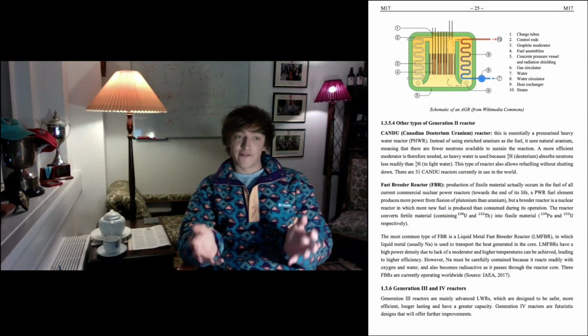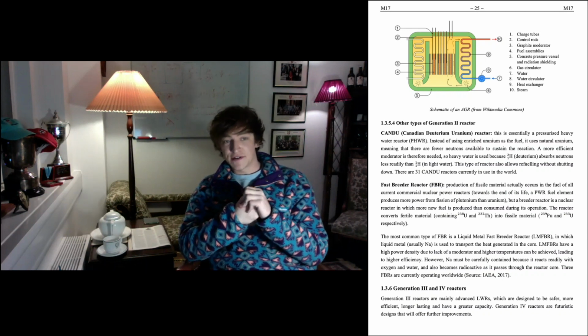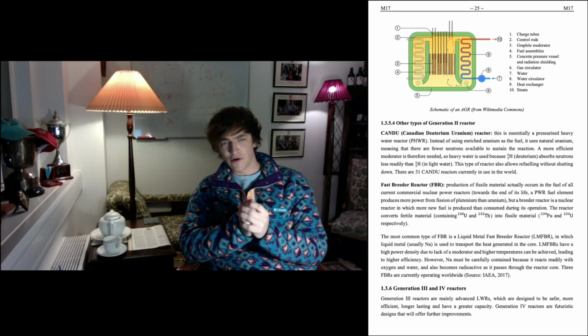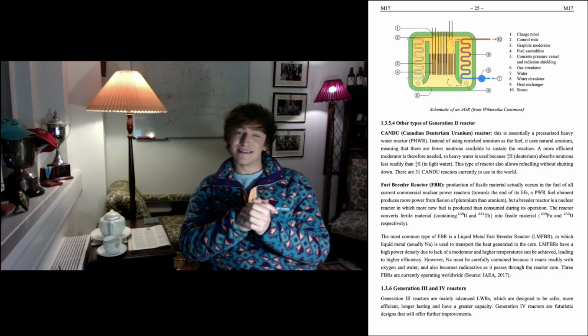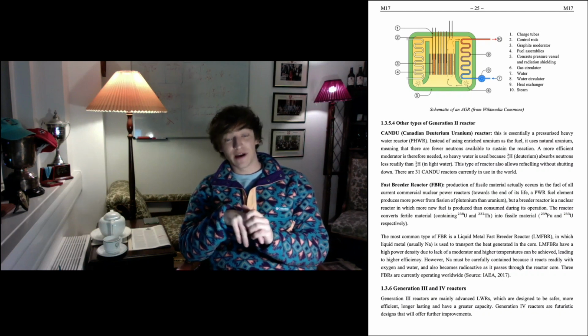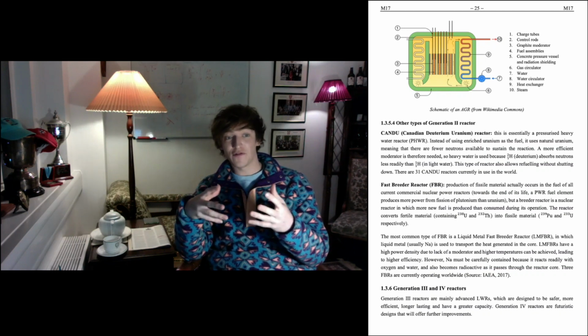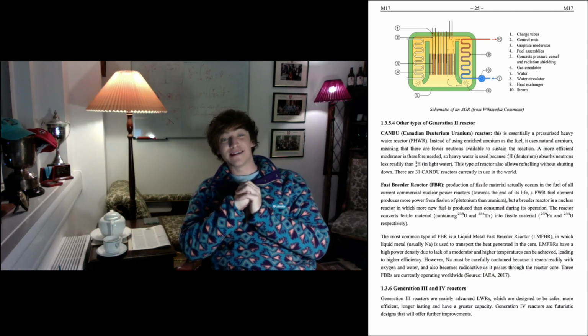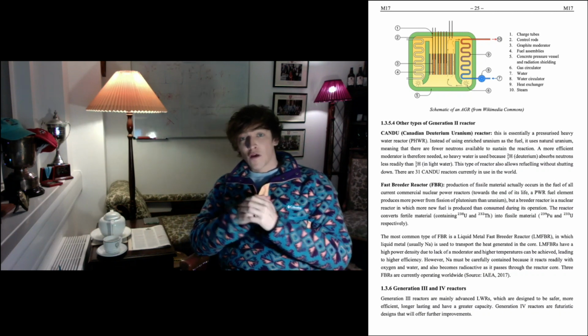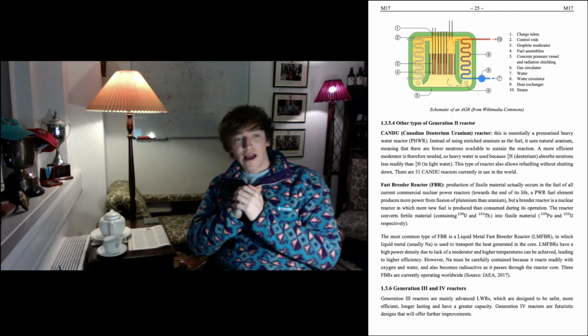Of course, like any other reactor, they have their own unique issues. Sodium is the most common liquid metal coolant used, and sodium reacts quite readily with water and air, and also becomes radioactive as it passes through the core, so they become quite significant safety concerns. So that's our main reactors, really.